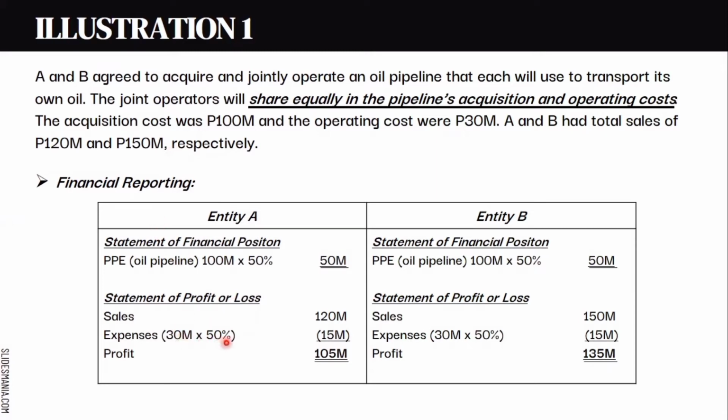So, entity A and entity B have a 50 million sa kanilang expense account. Yan naman yung plus yung share nila doon sa asset, liability, income, and expenses. Yan yung share. Okay? Na i-recognize nila. So entity A had the profit of 105 million and entity B had the profit of 135 million.